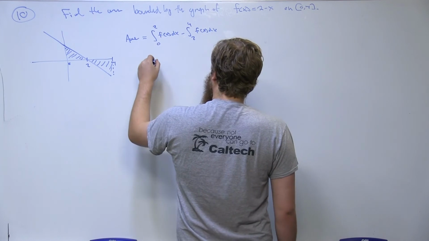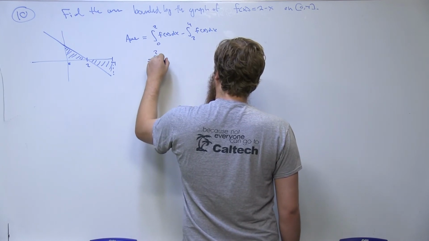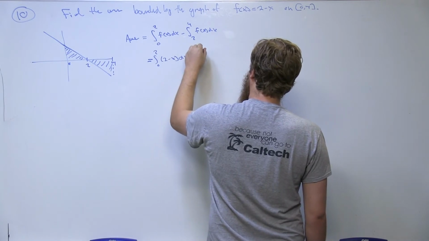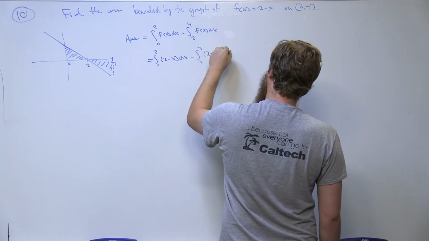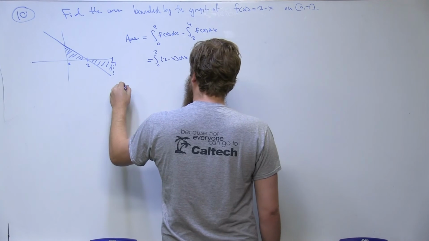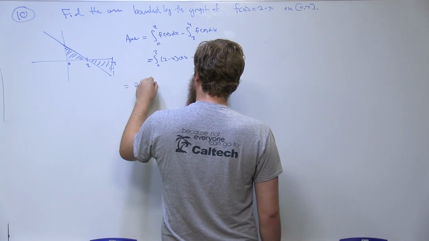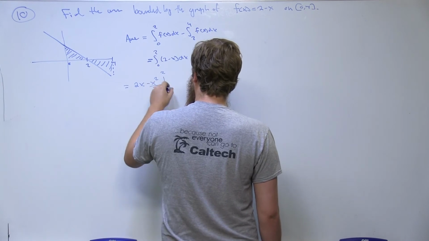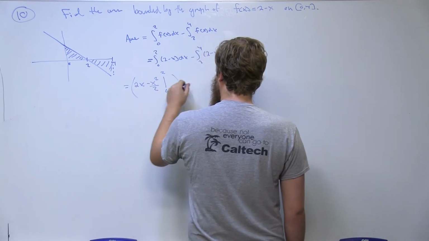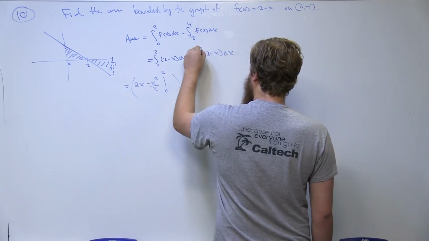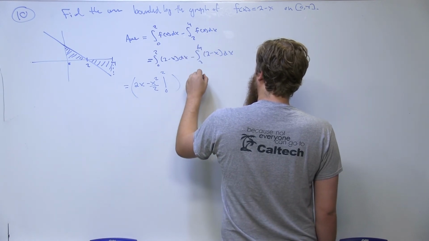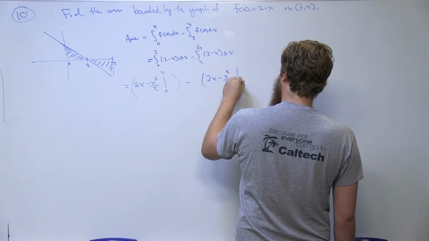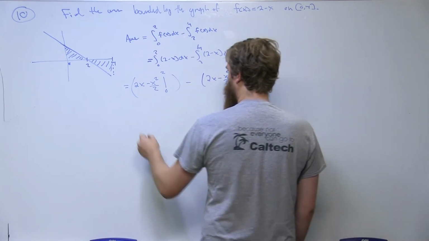F of x is 2 minus x. An antiderivative for 2 minus x is 2x minus x squared over 2. So we'll evaluate from 0 to 2. I'll use parentheses to make sure we keep everything contained safely. And we'll evaluate from 2 to 4 separately.